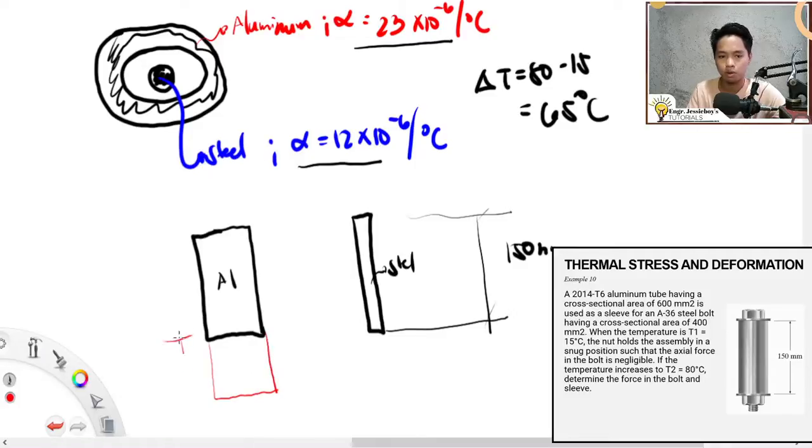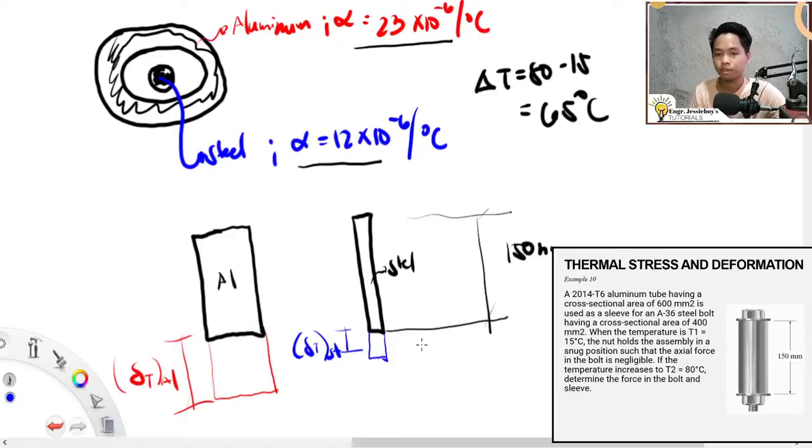Say, this would be our deformation of aluminum in terms of stress. Right? Due to thermal stress. Compare sa ato ang deformation sa steel bolt. Alright? This is the thermal deformation of your steel.